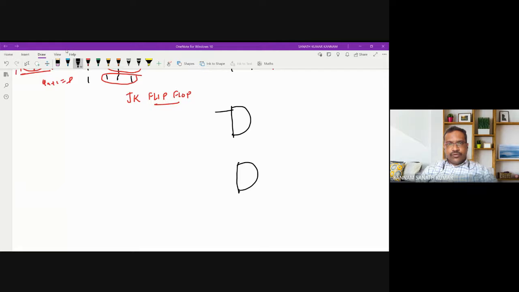You have one input J, another input K, and you have the common clock for J and K. And next, this is given to one more NAND gate.